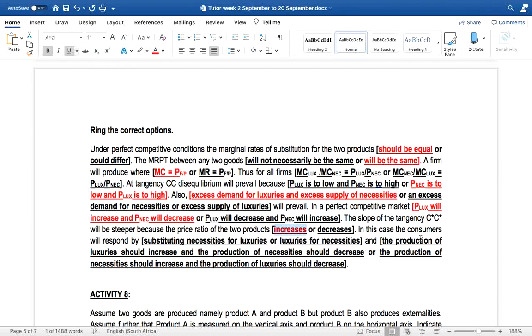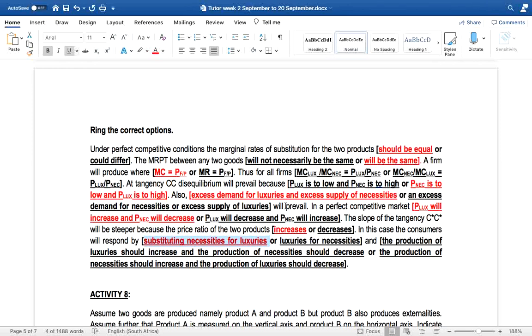In this case, the consumers will respond by substituting necessities for luxuries. Since the price of necessities has decreased, and they still want to consume that high number of luxuries, they will substitute necessities for luxuries.